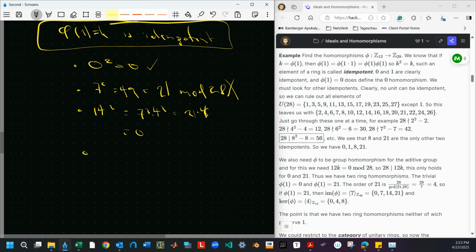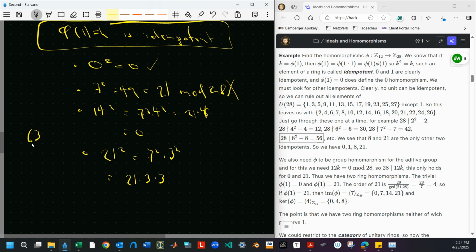But let's try 21. So what do we get when we do 21 squared? Again, this is 7 squared and 3 squared. And 7 squared was the same as 21, so this is 21 times 3 squared. 21 times 3 is 63.